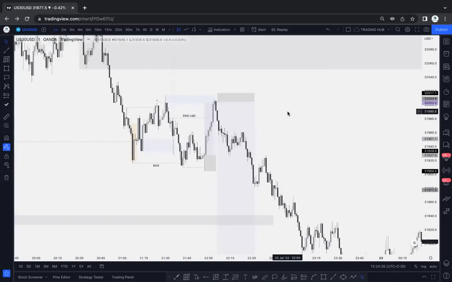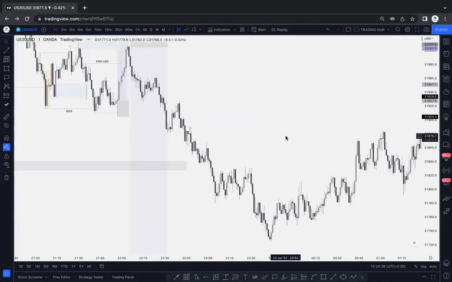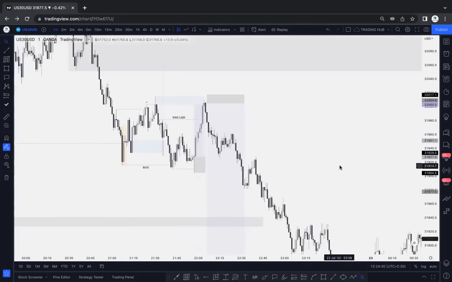Because my problem is I usually make very fast scalping, and very often I work on the reaction of the price.